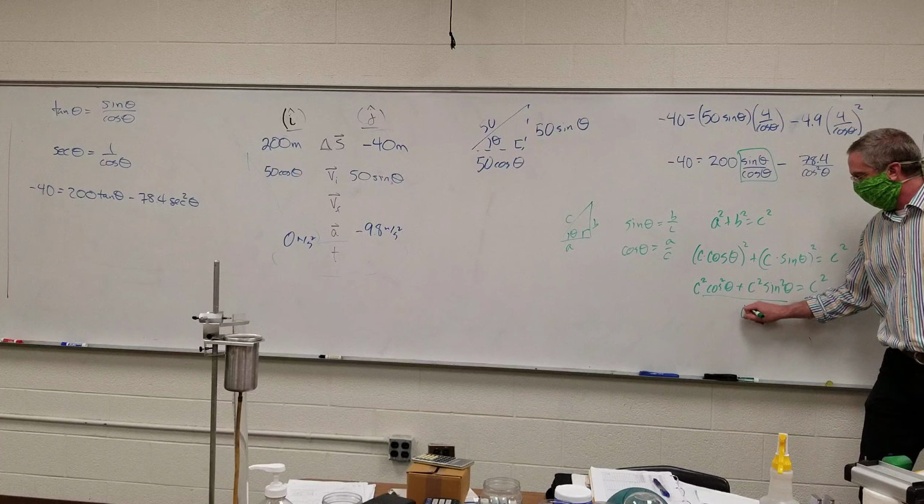I get 1 on the right side, and on the left side we end up with cosine squared theta plus sine squared theta equals 1. And that's an identity.